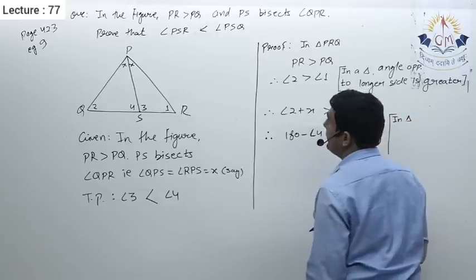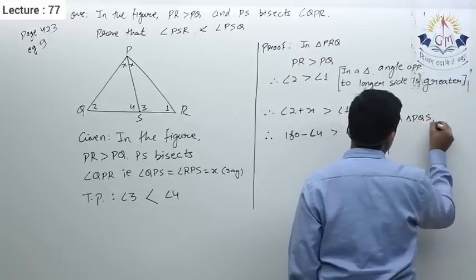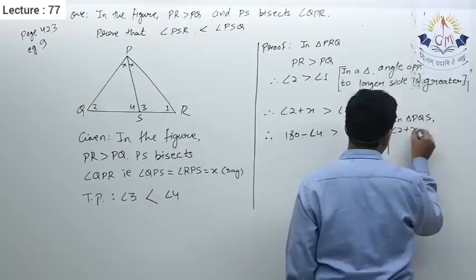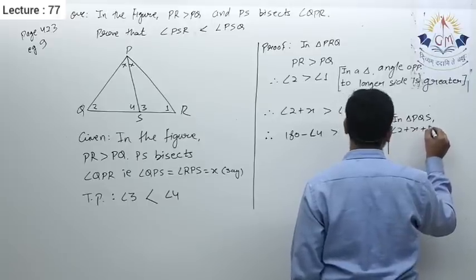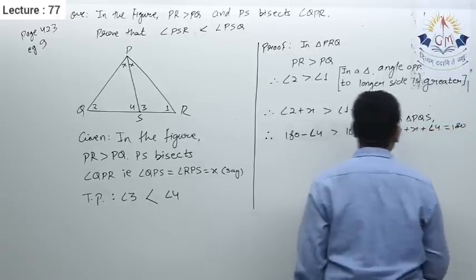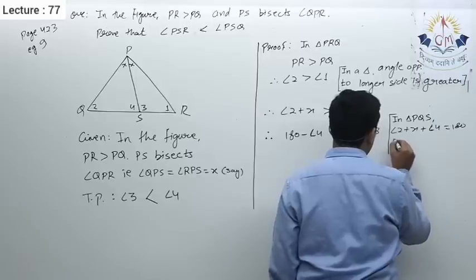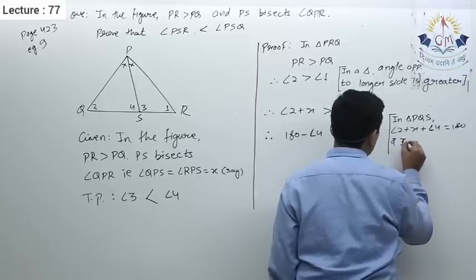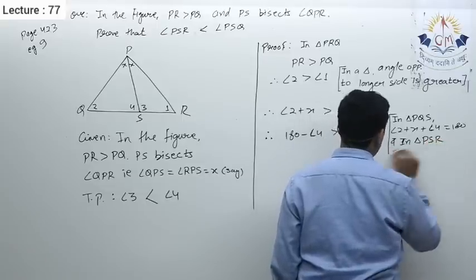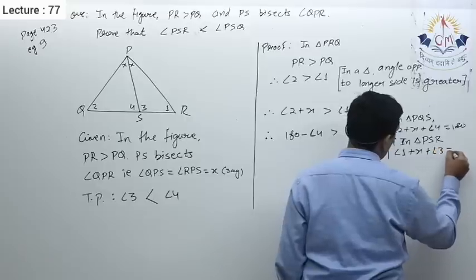In triangle PQS, angle 2 plus x plus angle 4 is equal to 180. So 2 plus x is equal to this. And in triangle PSR, angle 1 plus x plus angle 3 is equal to 180.